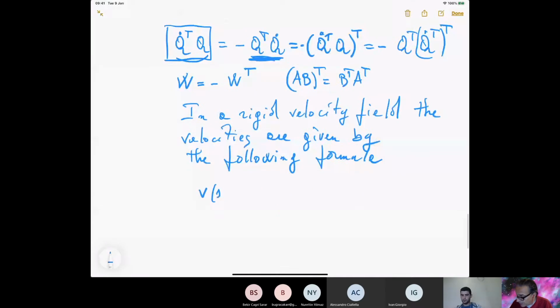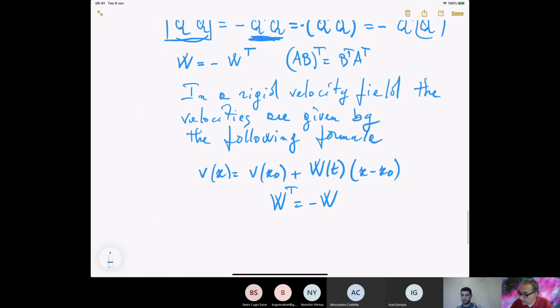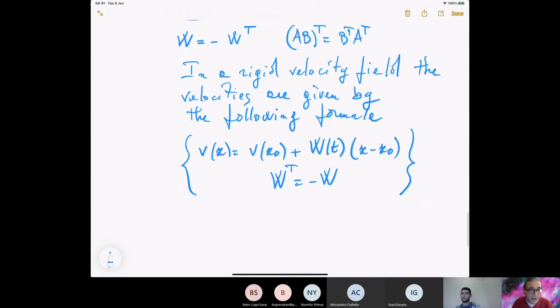V of x equal V of x0 plus W, depending on t, times x minus x0, and W transpose is equal to minus W. Okay, so this should be sounding familiar to you, but maybe it is not.